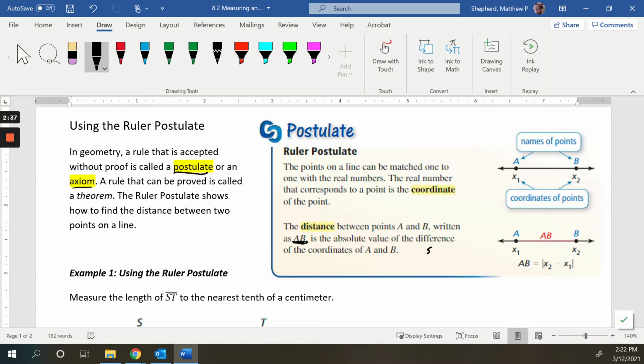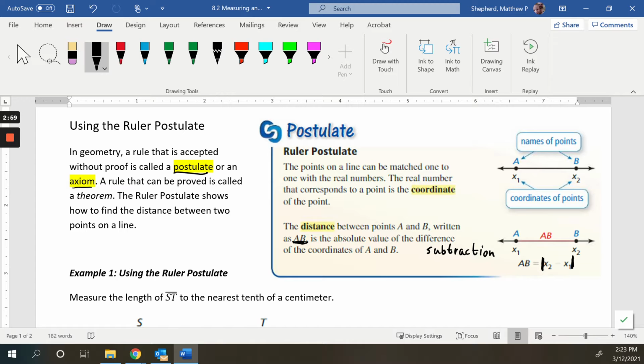Now when they say difference, we're talking about subtraction. So we subtract the 2 coordinates, in this case x2 and x1, and that tells us the answer. One little addition is the absolute value symbols. They are there to make sure that the answer is always positive.